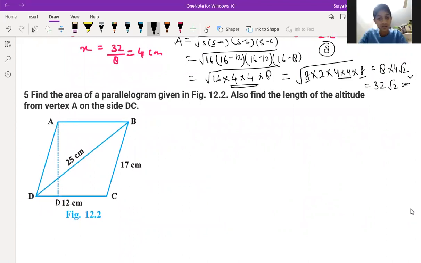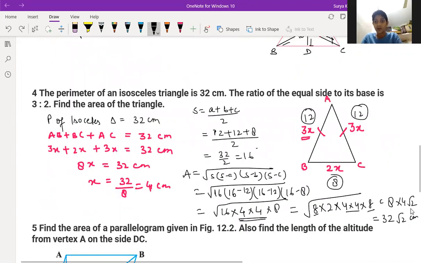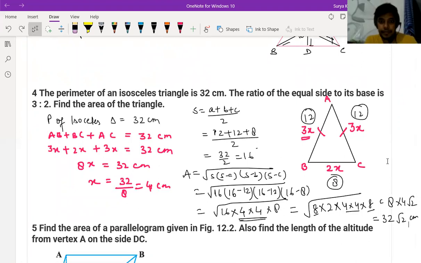Sir, I have a doubt in the previous sum. I got 8 root 8, sir. You did it by Heron's formula only. In 16, we can write 4 into 4, sir. I think it will come as 8, sir, not in the root.